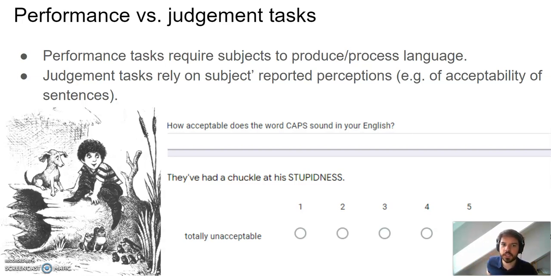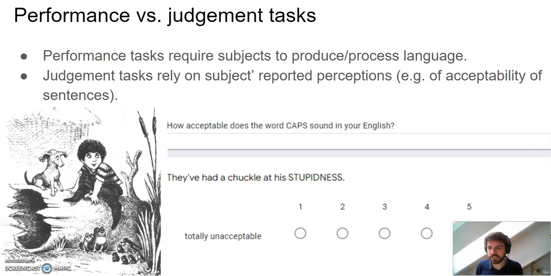And in a performance task, you usually ask, or you always ask speakers to either produce or process some language, and then do something with the data obtained from what they did, or what happened with their eyes in their brain. So it doesn't necessarily have to be something that they actively did.